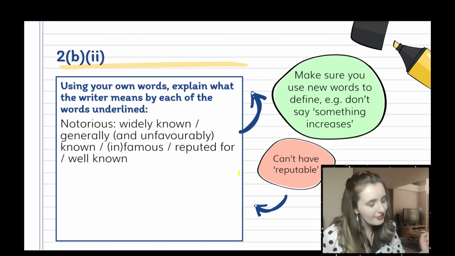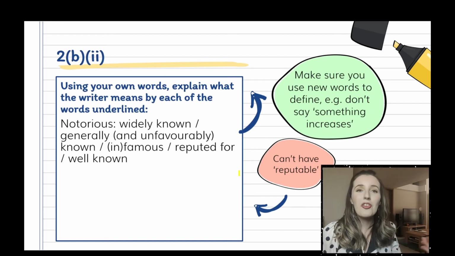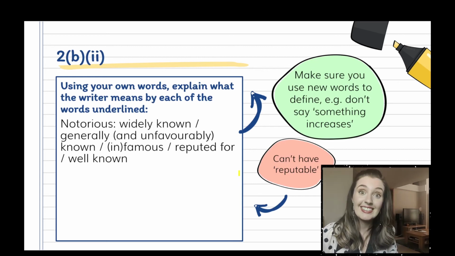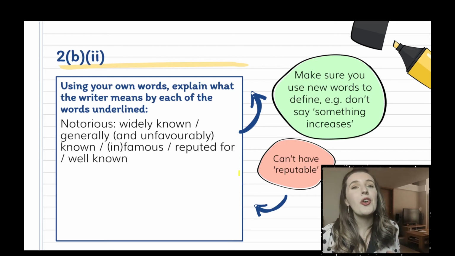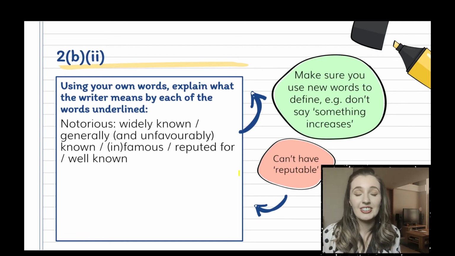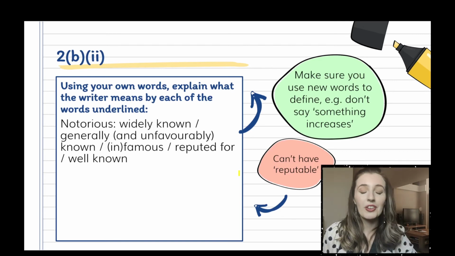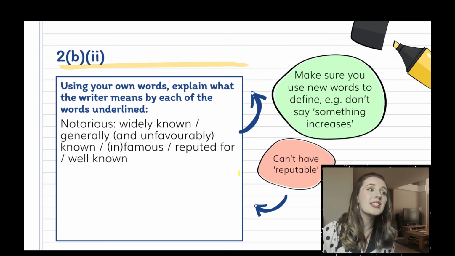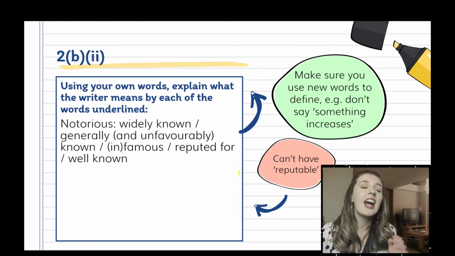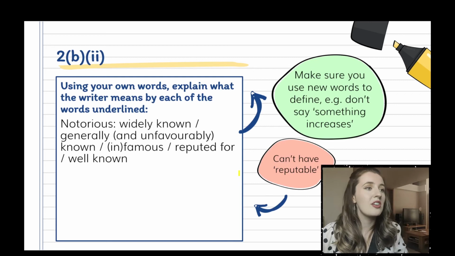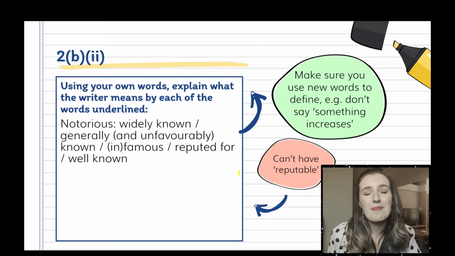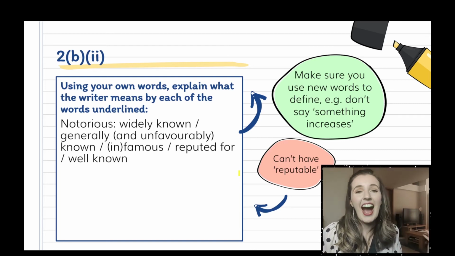But we'll say fine, and we'll bow down to our almighty CIE and say fine, you know best, these are the correct answers. I would say for your own personal satisfaction though, of knowing that your English is right generally, not just in an exam but in the world, because there's more to life than the exam, I would want to see famous for a bad reason, infamous, reputed for something with a bad connotation.